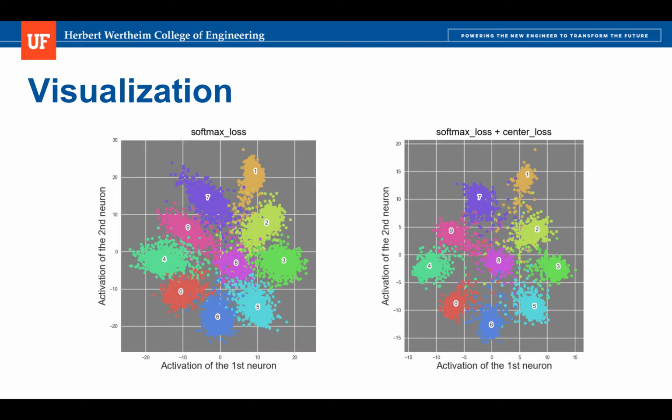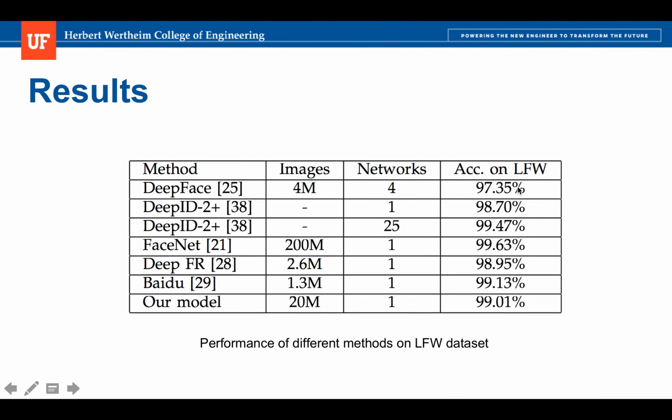As you see here, training the model with softmax loss plus center loss can certainly give a better result. The intra-class distance is more compact.